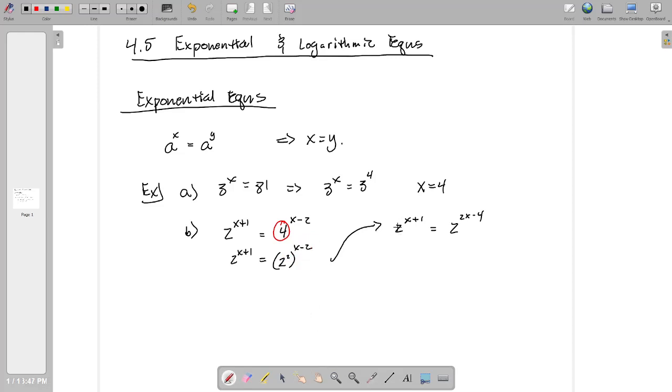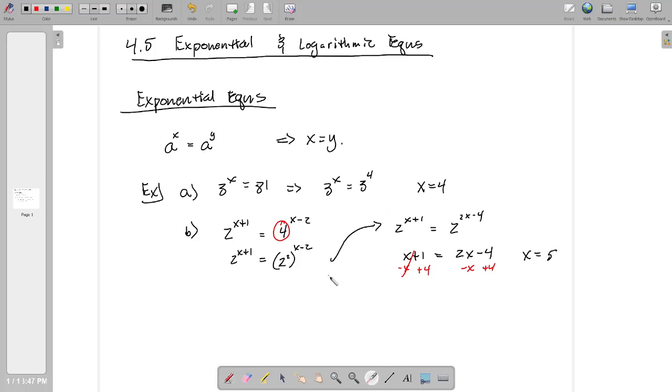So now we can set their exponents equal to each other because we have the same base. So we have x plus 1 is equal to 2x minus 4. We simplify by subtracting an x and adding 4. So we end up with x is equal to 5.